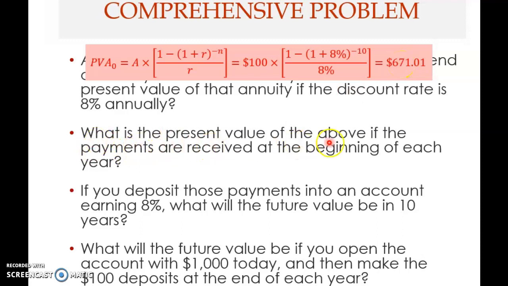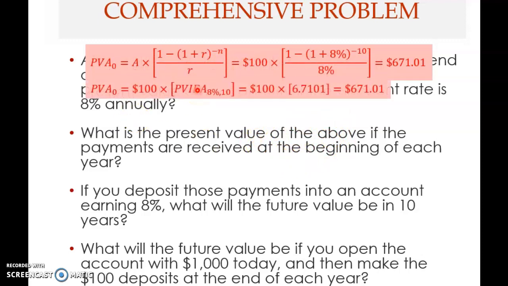Alright, now we move on to the second question. What is the present value of the above if the payments are received at the beginning of each year? So basically it's the same elements, but now the payment occurs at the beginning of each year rather than at the end. So this is called annuity due. Therefore, we just revise this slightly.